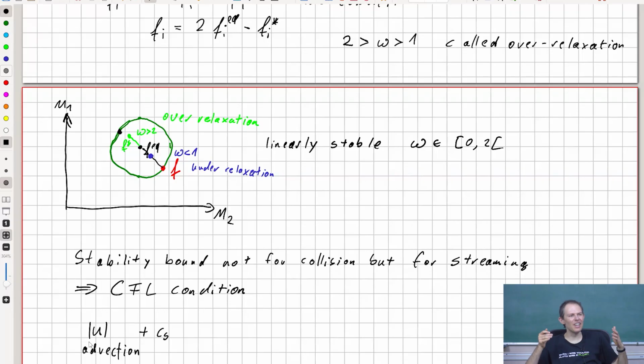This is why these things add up. So you have to add the speed of sound: it's not either the speed of sound or the advection, but the sum of the two. And then there is something that we usually drop because it is of very low concern in most cases.